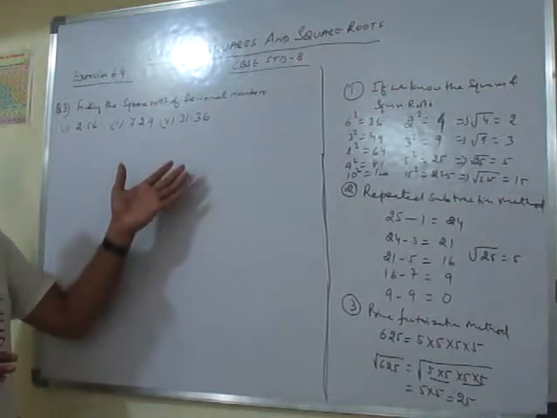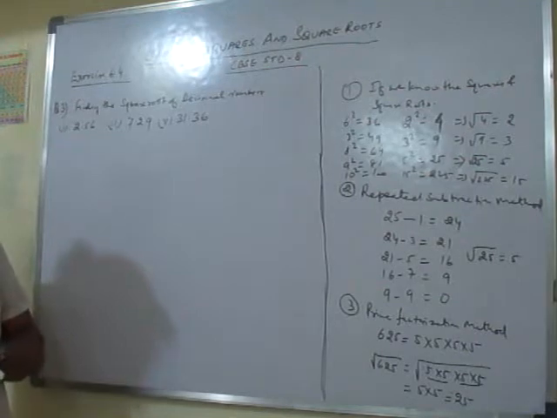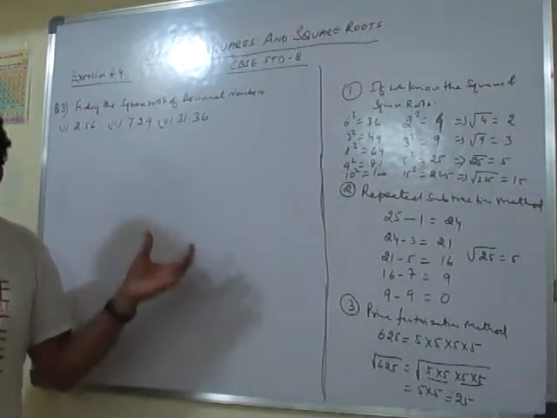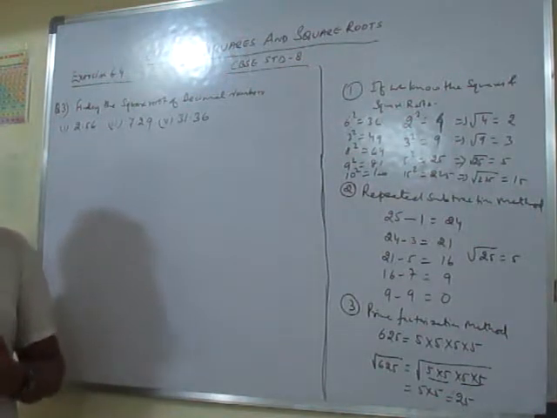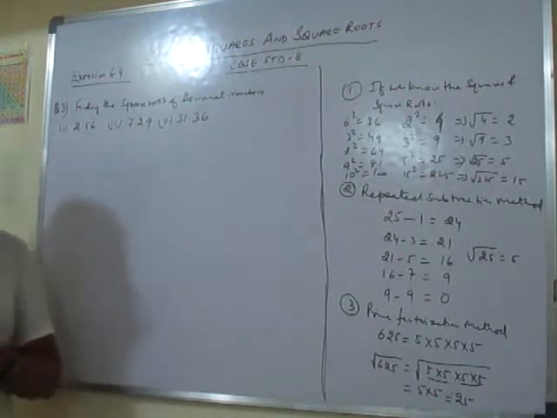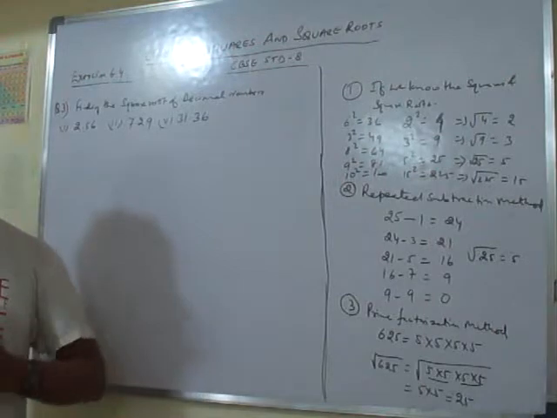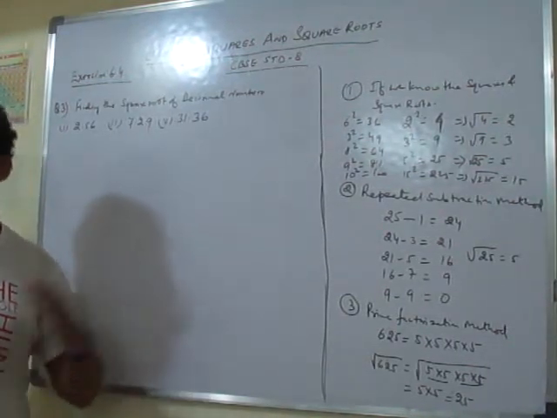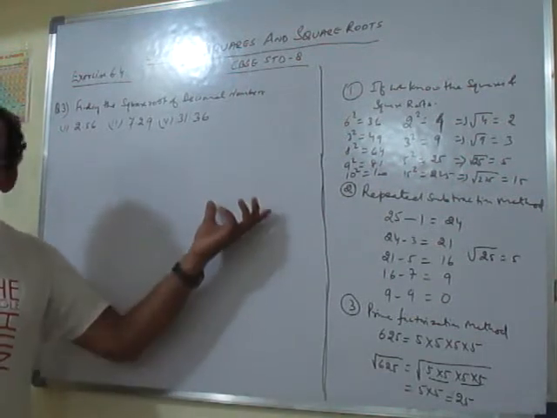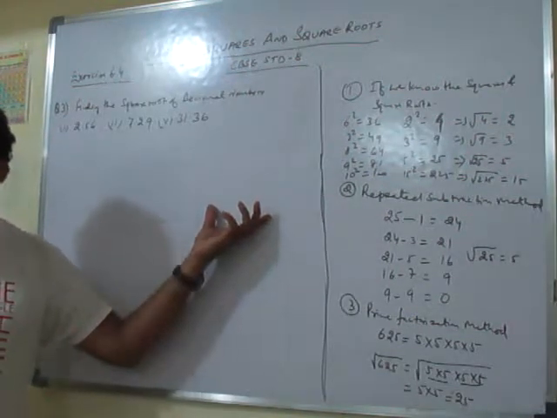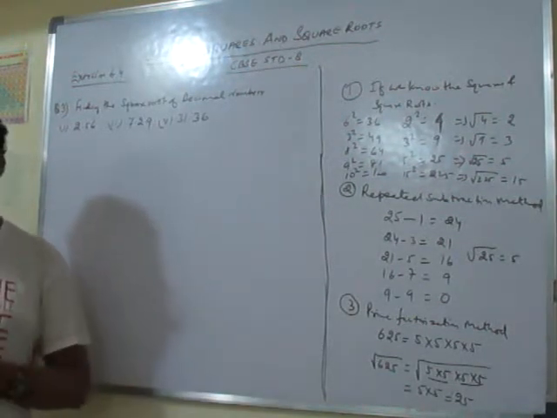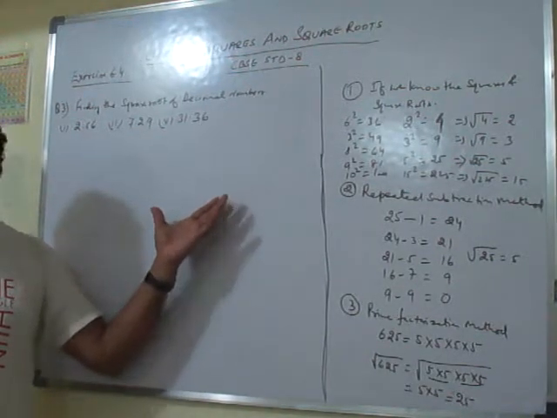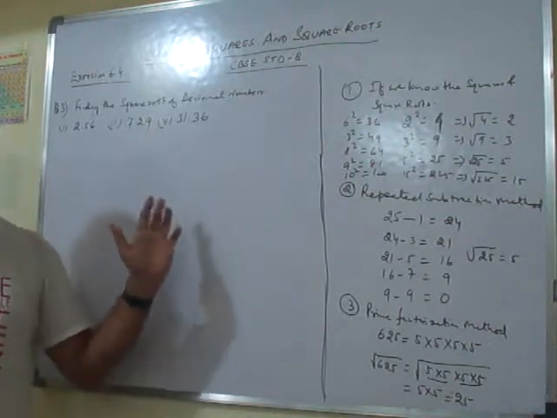Then in the second video I also went for finding the number of digits of the square root. If the complete square is given to us, we need to find the number of digits of the square root. Which formula will we utilize? That formula I have already shown you. If the complete square has an even number of digits, then that n should be divided by 2, and we will get the number of digits in the square root.